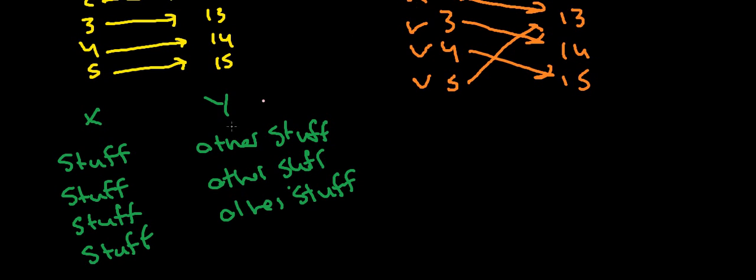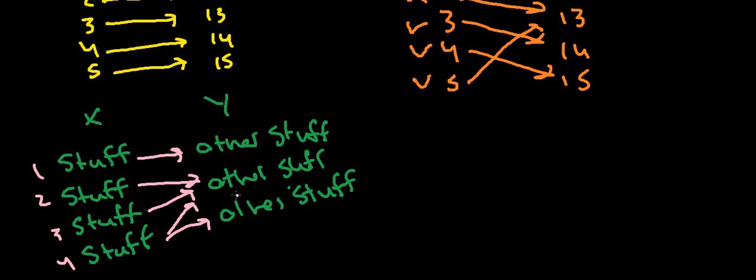And let's say it corresponded like this. This can be stuff 1, stuff 2, stuff 3, and stuff 4. Stuff 1 goes with other stuff. Stuff 2 goes with other stuff. And stuff 3 goes with the same other stuff right here. And then stuff 4 goes with that other stuff and this other stuff.